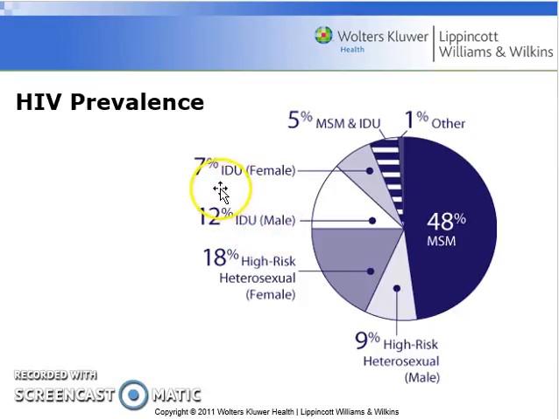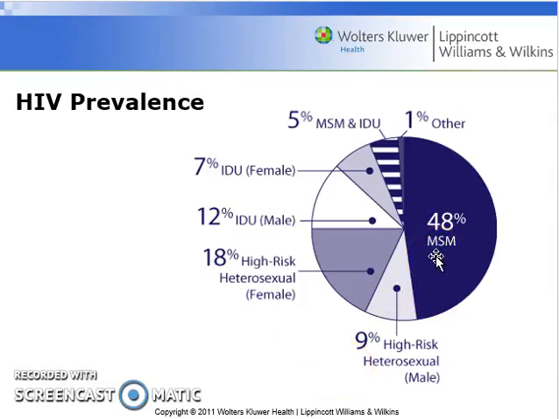So females who undergo intravenous drug use have a high HIV prevalence of 7%. Males who undergo intravenous drug use have a high prevalence of HIV at 12%. High-risk heterosexual females, 18%. High-risk heterosexual males, 9%.